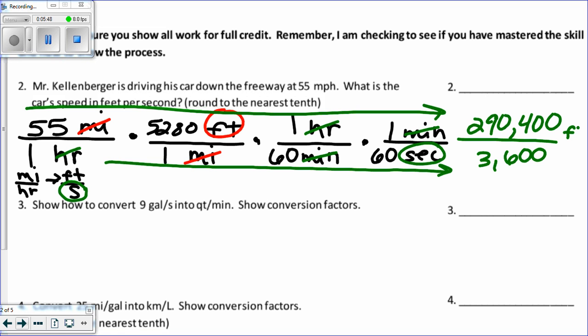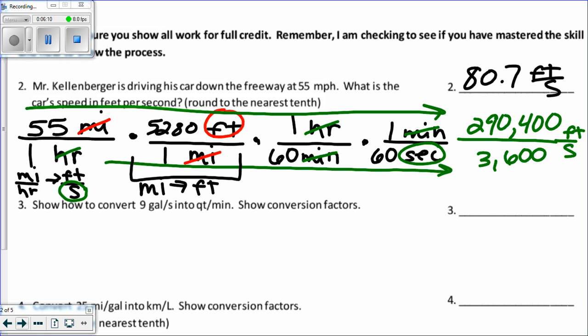And now we're in feet per second. So when you do that division, your answer comes out to be 80.7 feet per second. Okay, I showed all my conversion work. So this first one took me from miles to feet, and the second two took me from hours to seconds.